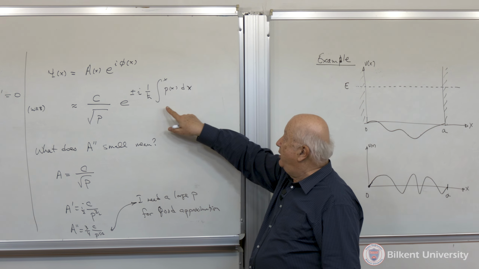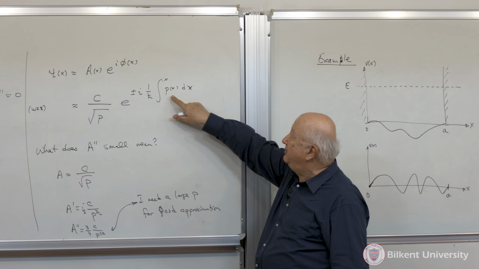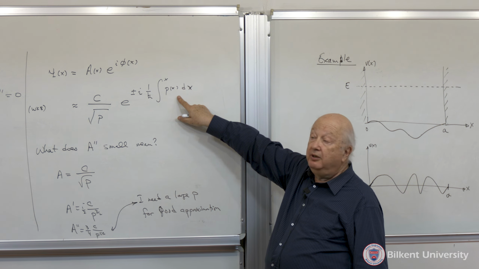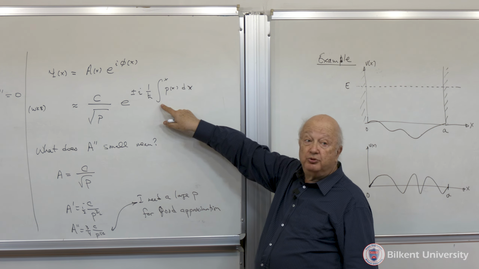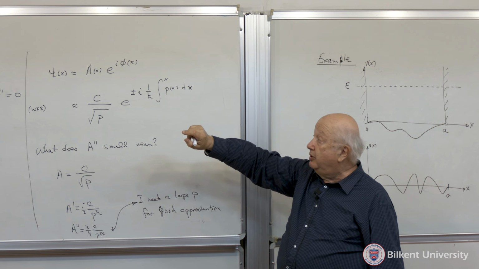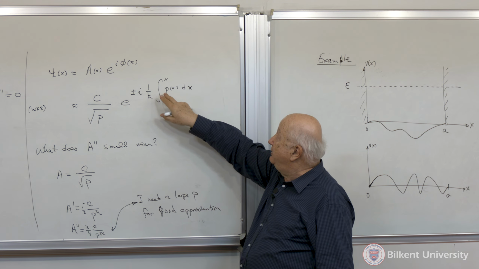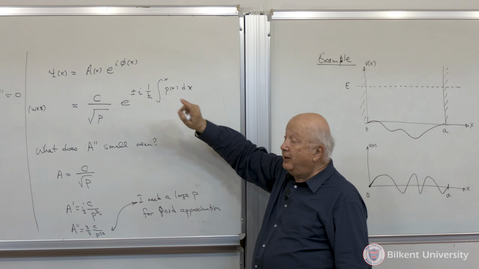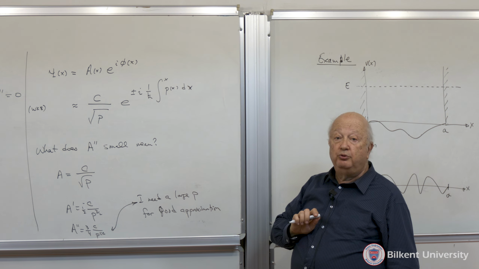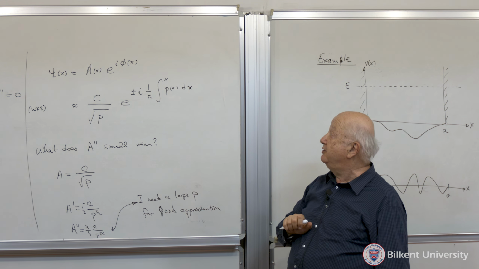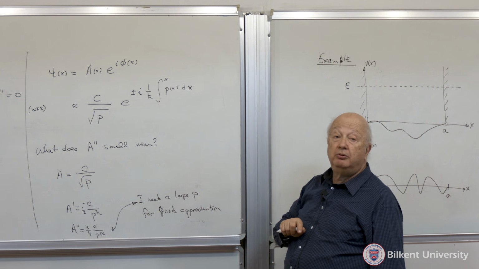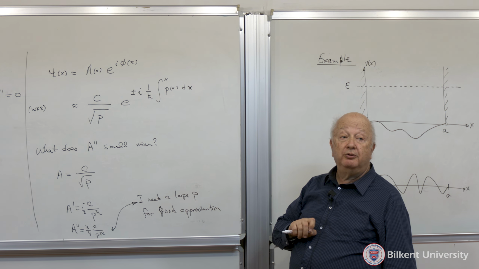So this thing is going to be proportional to something times x. It will go to 0 as x goes to 0. So what do I do to get a function which goes to 0 when x goes to 0?